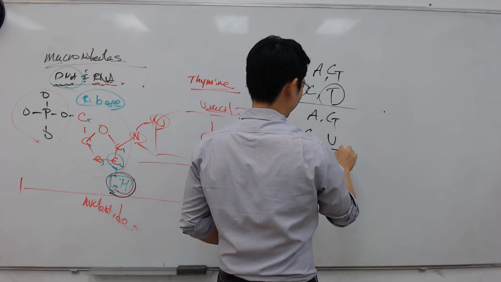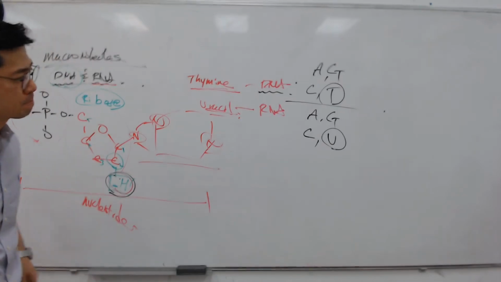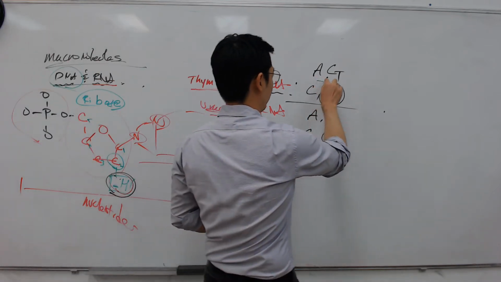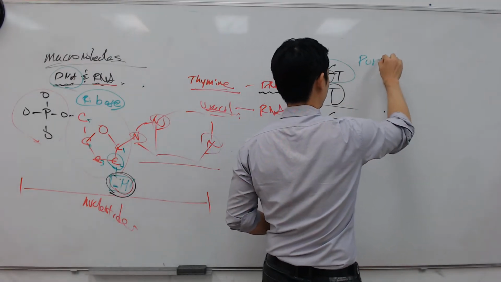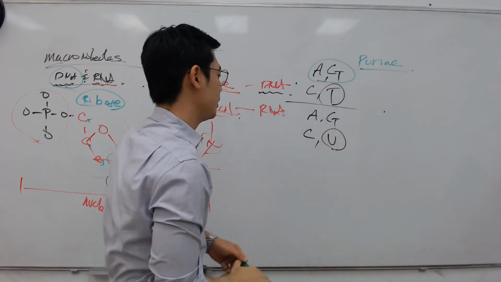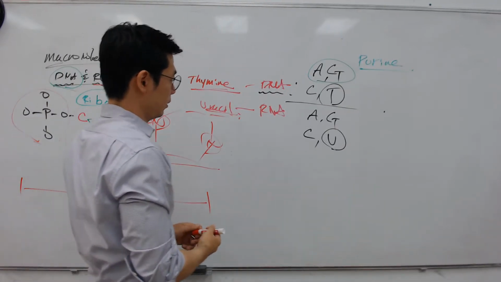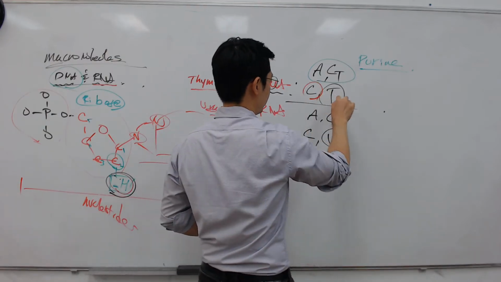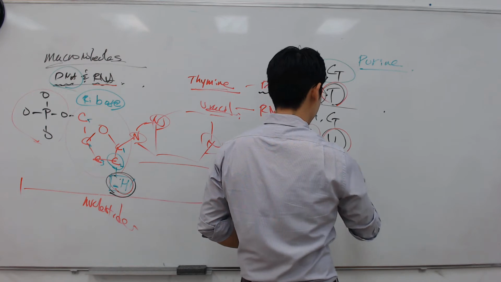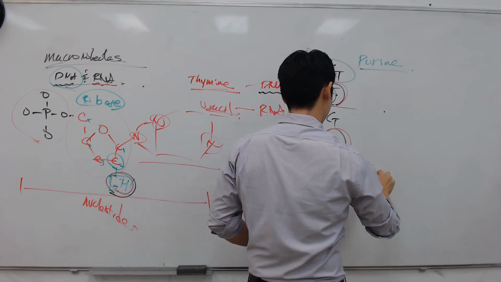So this is a difference as well. A and G are what they call purines. The other ones, C, T, and U, are what we consider pyrimidines.